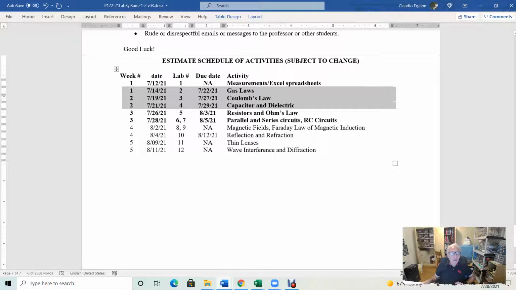The report of lab 4 is gonna be due tomorrow. So this weekend I will correct those 2 and post that for you. Lab report number 6 is going to be due on the 5th of August.